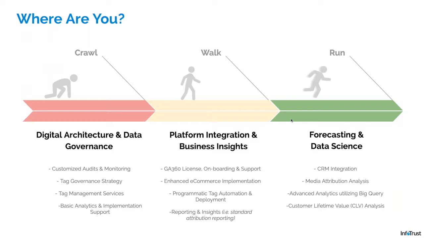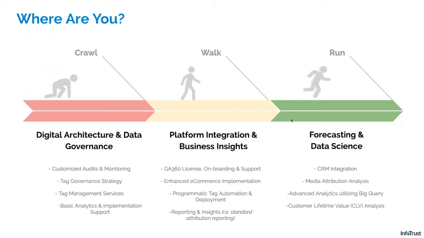Crawl would be somebody who doesn't really have a great concept of where their tagging architecture is yet, so they're just now starting to figure out how their tagging is working. They're understanding their tag management services. They're starting to build a strategy for how they're going to get their data collection working, and they have some basic analysis going on, but they don't really know what they're doing with their data yet.